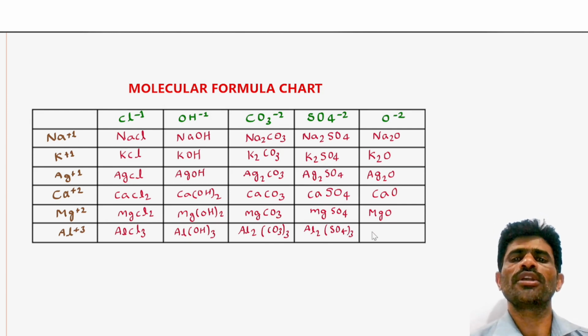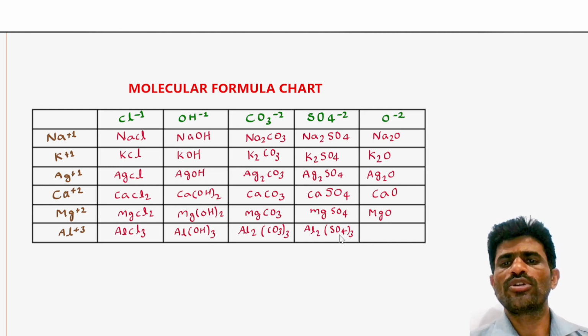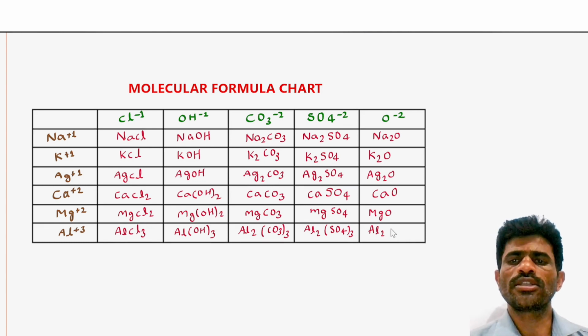Wherever polyatomic ion comes, it should be kept in bracket. Al2(SO4) taken thrice. This is aluminium sulfate. And last one, aluminium oxide, Al2, because oxide valency 2, aluminium valency 3, O3, Al2O3.